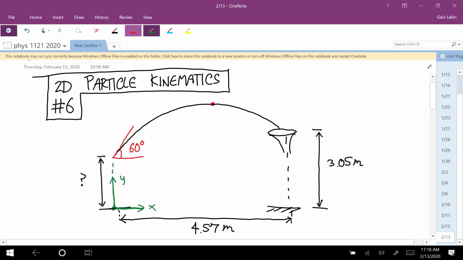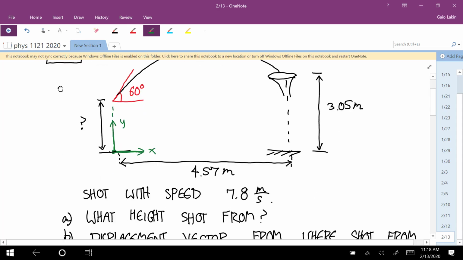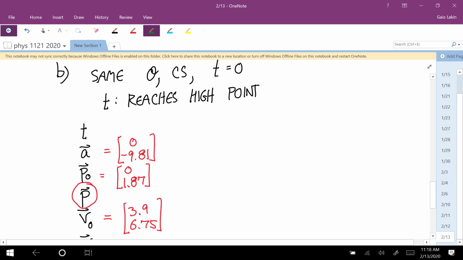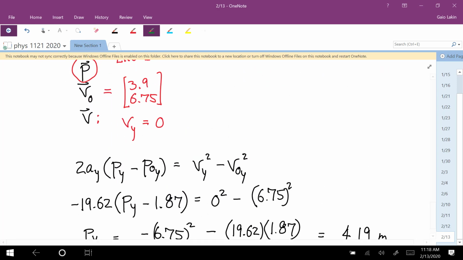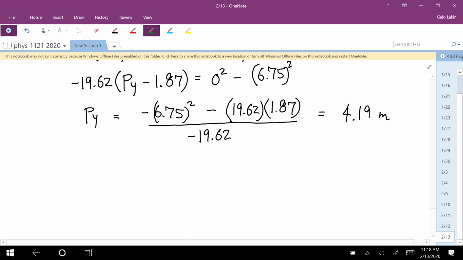Okay. We don't know the horizontal position either, so now we have to solve for that. And now we're stuck without knowing the time. So turns out we had to solve for the time anyways.